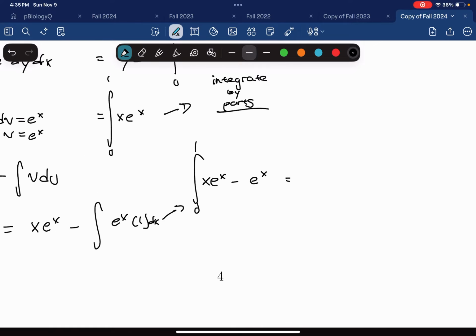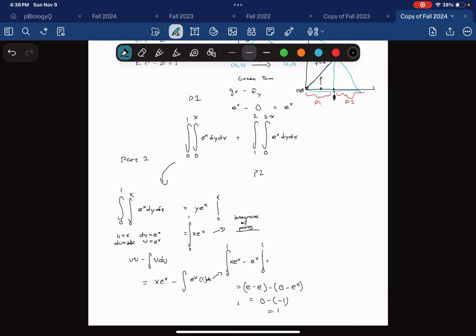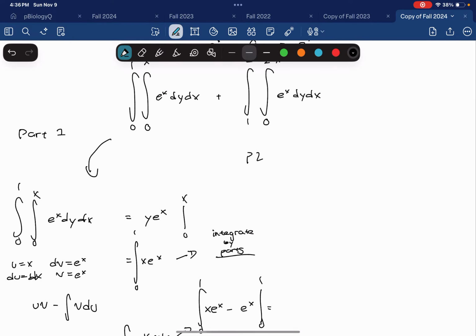So in this case, you get 1 times e minus e, which is 0, minus, 0 minus e^0. So you get 0 minus negative 1, which is just equal to 1. That's our part 1, by the way, right there. So let's move on to part 2.